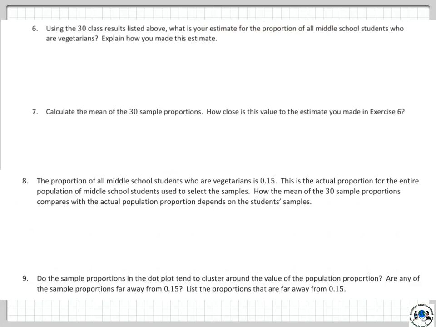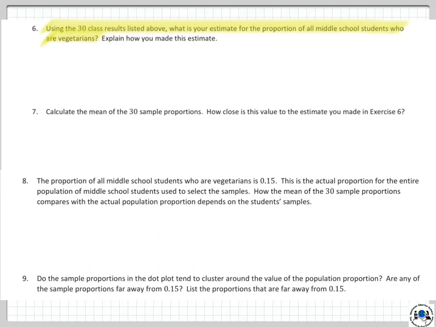Okay, so if we go ahead and take the 30 class results, not listed above, not on my page, but on your page possibly, what is your estimate for the proportion of all middle school students who are vegetarians?